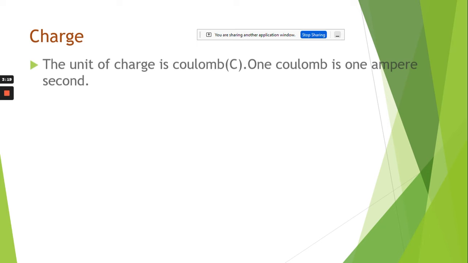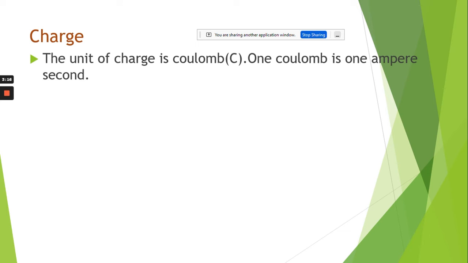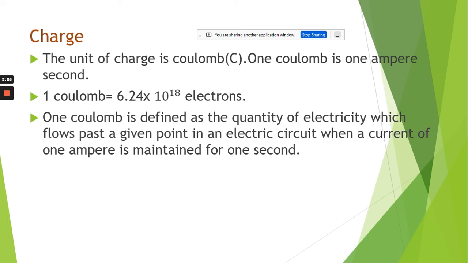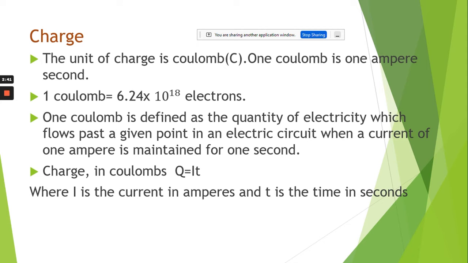Okay, so the unit of charge is coulombs, whereby 1 coulomb is 1 ampere second. 1 coulomb is given by 6.24 times 10 raised to power 18 electrons. 1 coulomb is defined as the quantity of electricity which flows past a given point in an electric circuit when a current of 1 ampere is maintained for 1 second. We know 1 coulomb is given by the equation Q equals IT, where I is the current in amperes and T is the time in seconds.